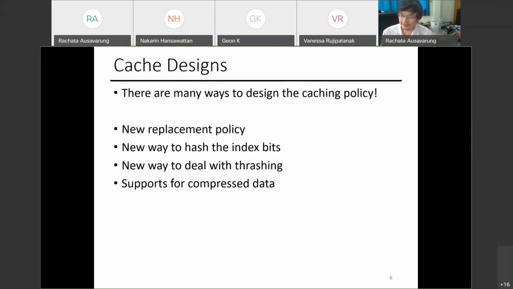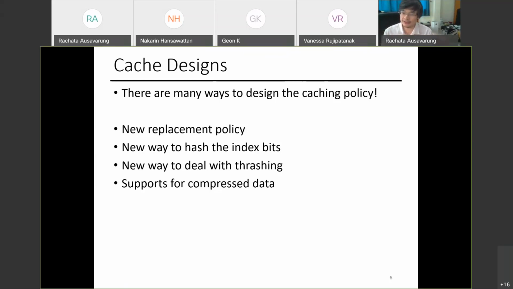There are different ways to make sure that data will not get mapped to the same set. You kind of spread it out, spread out the accesses so that it is evenly distributed and you use every single space on your cache properly.